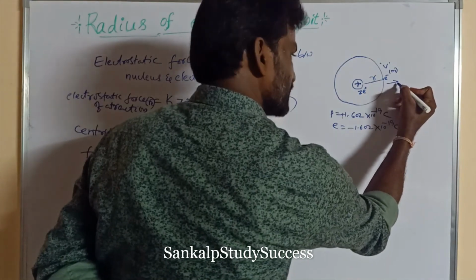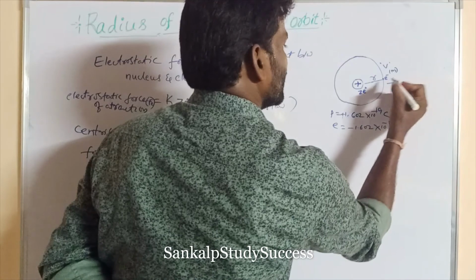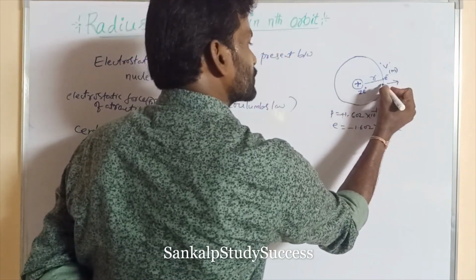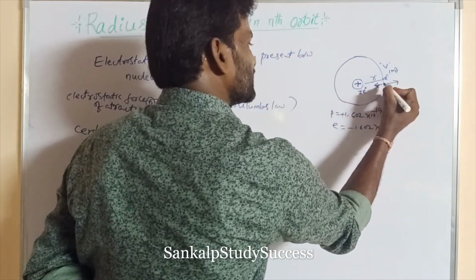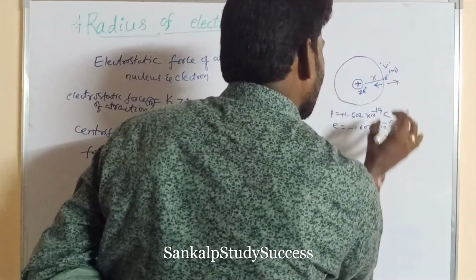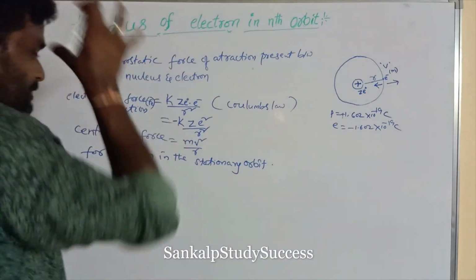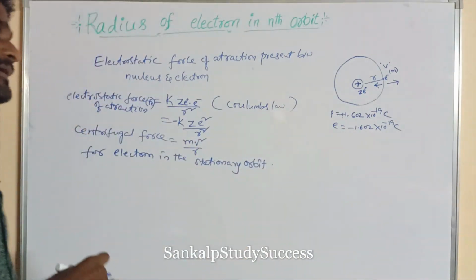These two forces are equal and present in opposite directions, and the electron stays in a stationary orbit.